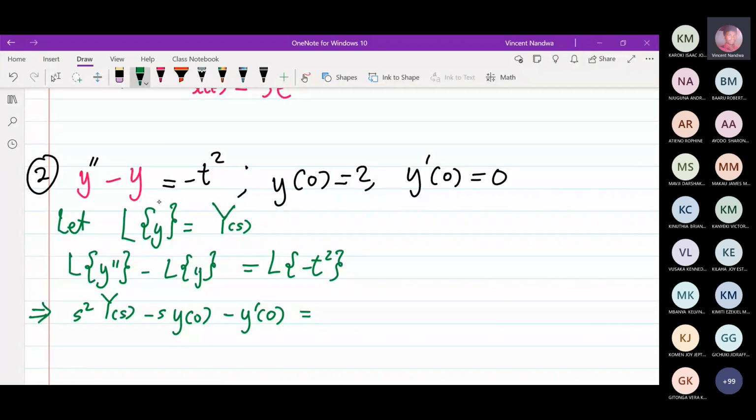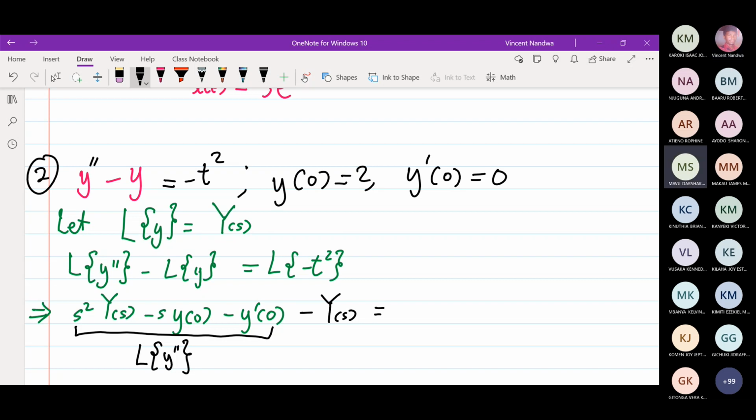So all of this here is the Laplace transform of y double prime, and then next is minus capital Y of s, and then equals, what is the inverse of minus t squared? Minus 2 over s cubed, correct. You just use your Laplace transform.